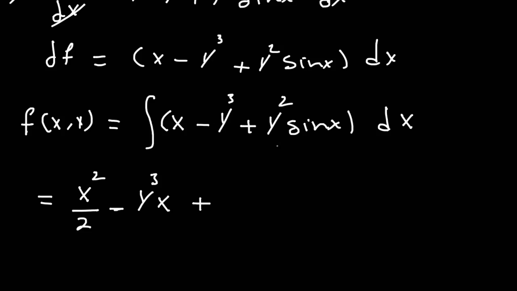Then we have a constant multiplied by sine x, so we will have the constant, and then the integral of sine x is minus cosine x. So this plus sign is going to be minus, and we have cosine x, and then plus c, and this c is going to be in terms of y.